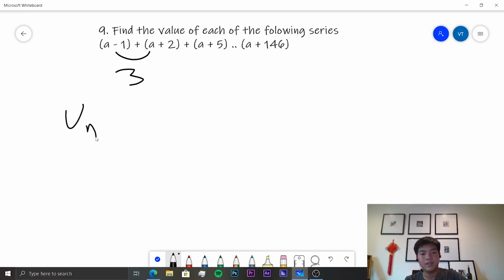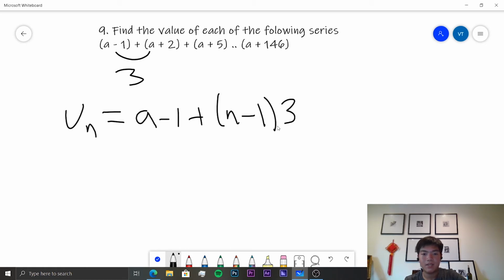So the formula must be a minus 1 plus n minus 1 times 3, otherwise known as a plus 3n minus 4. Is that correct? Yeah. Okay.